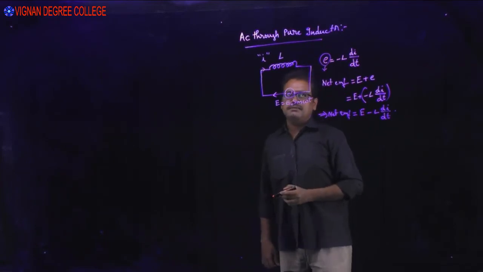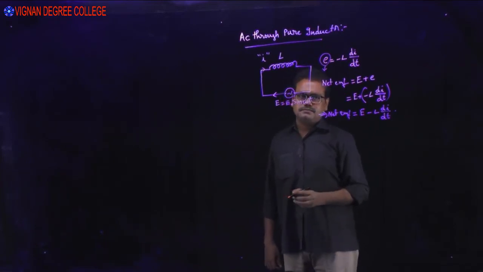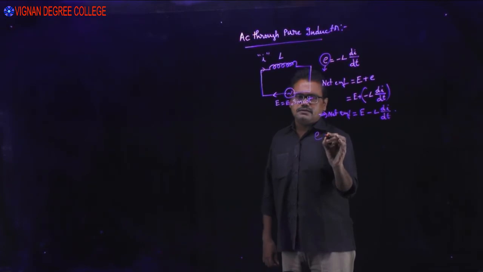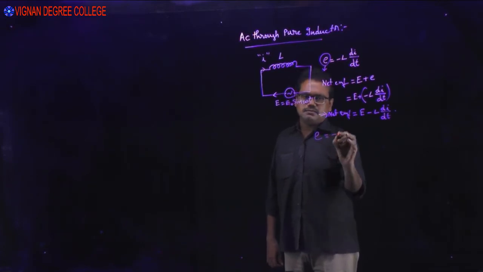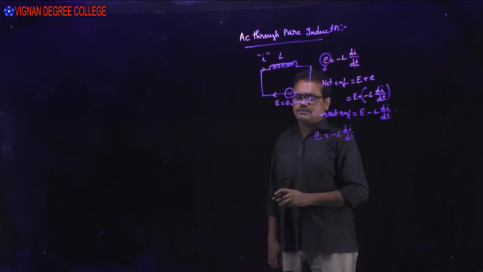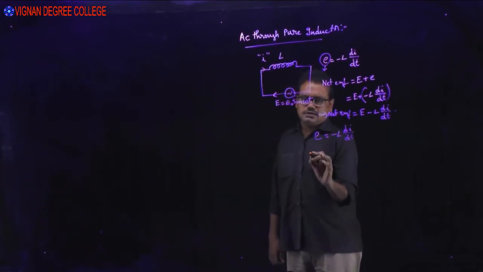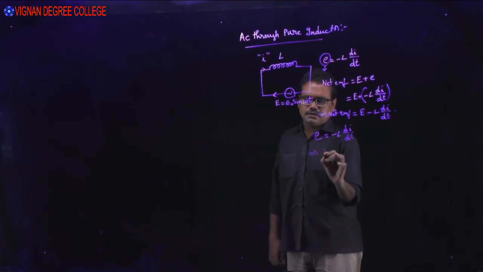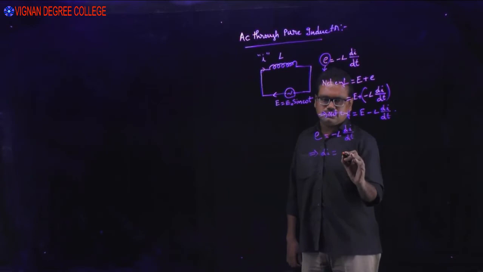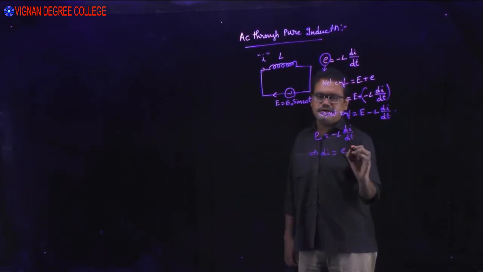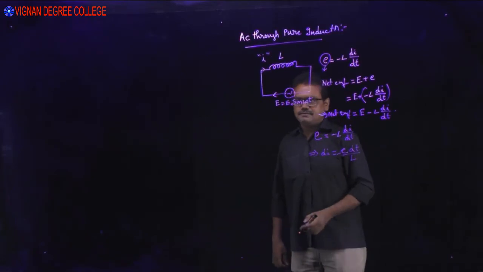Considering this EMF, E is equal to minus L di by dt. From this, di is equal to E dt divided by L with negative sign.